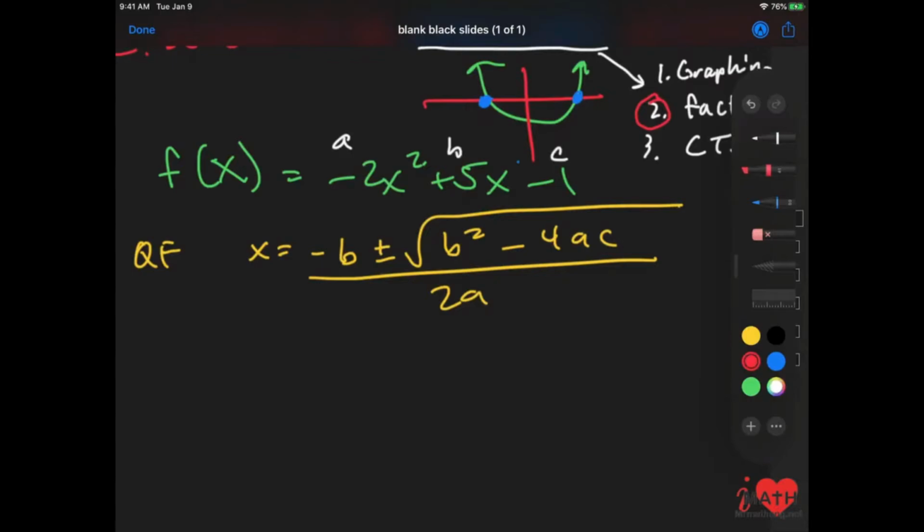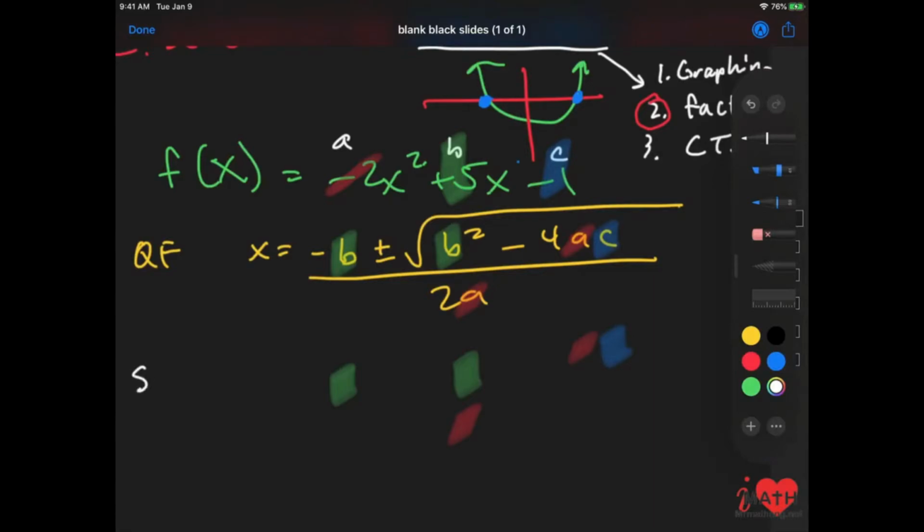Let's use our highlighter here. So remember, my a value is -2. So every time there's an a, we're going to write -2. The b value is 5. So every time I see a b value, I'm going to write 5. And the c value is -1. So every time I see a c value, I'm going to write -1.